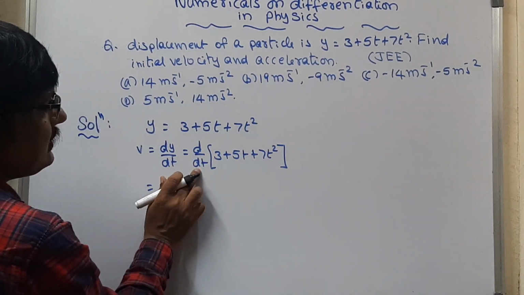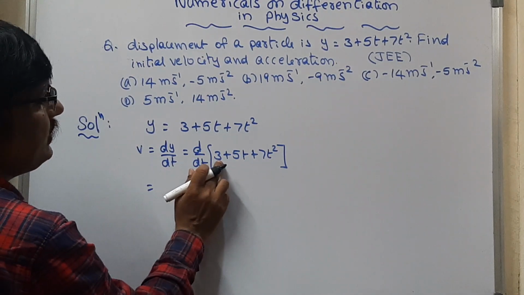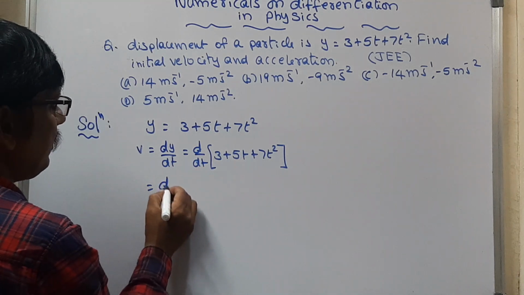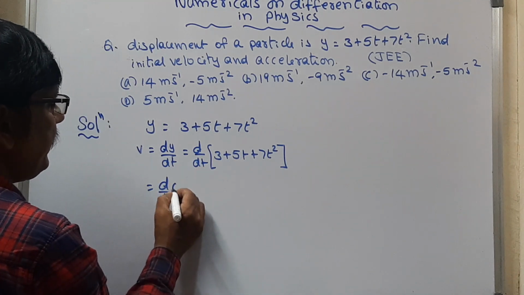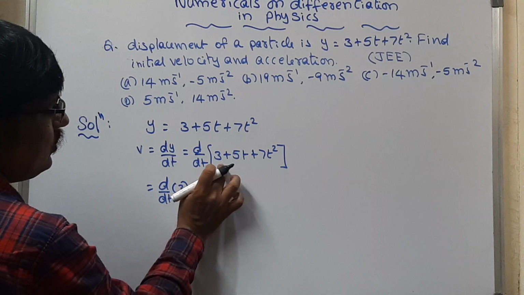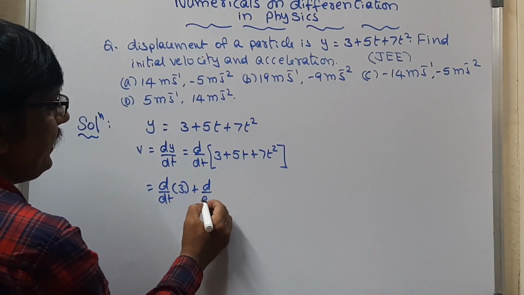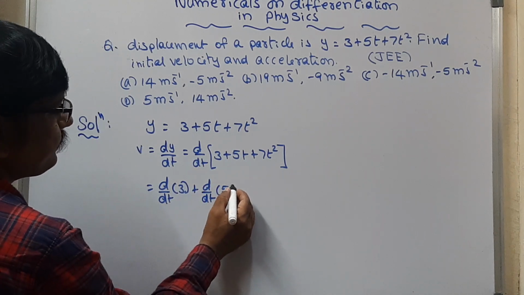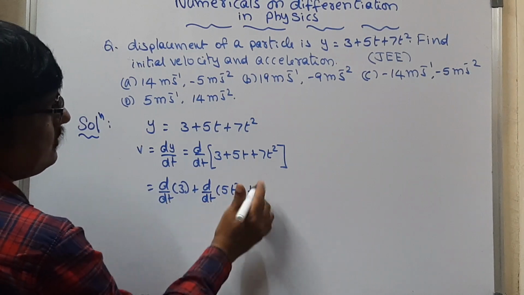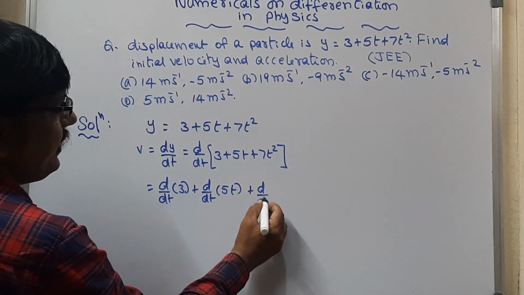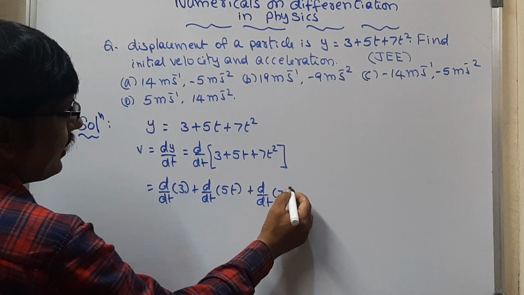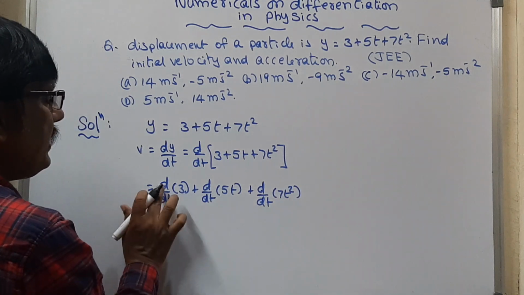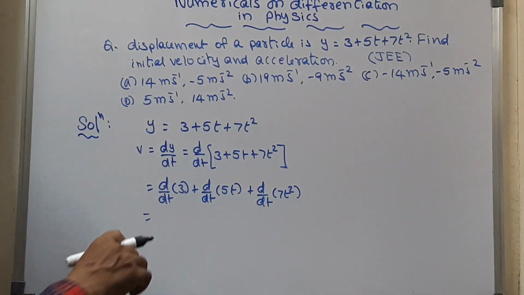Now let us apply the differentiation to each and every component. Then what will you get now? d by dt of 3, plus d by dt of 5t, plus, there is a plus sign, d by dt of 7t square. So this is equal to, what is this one? 3 is a constant.